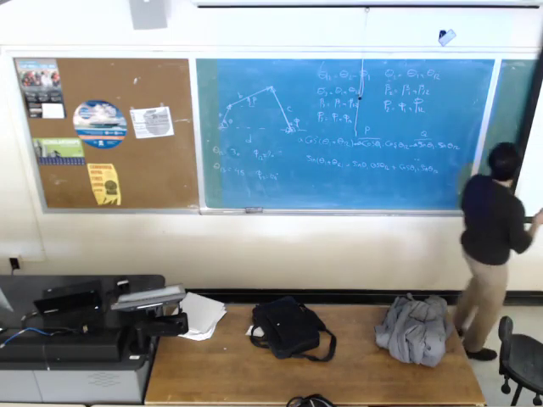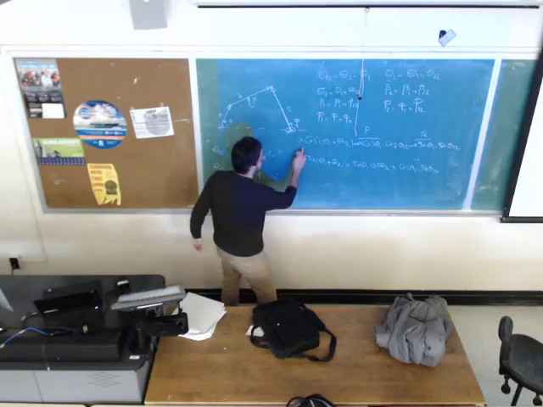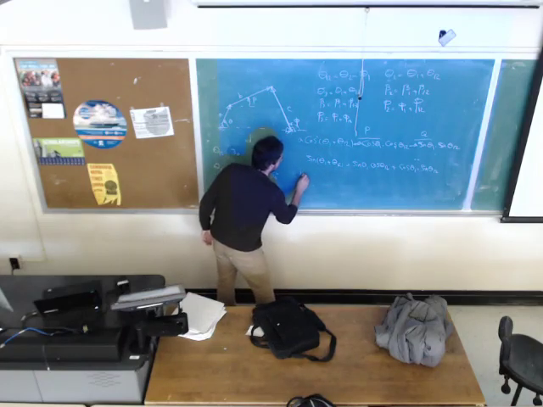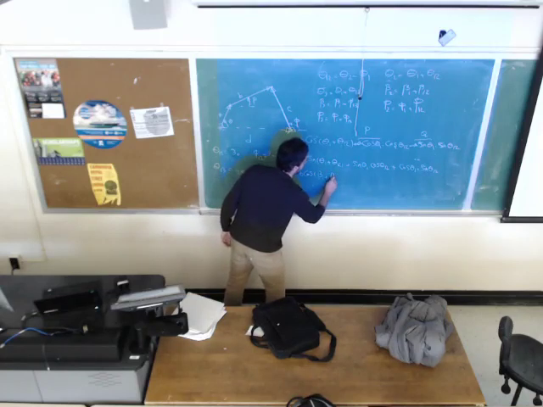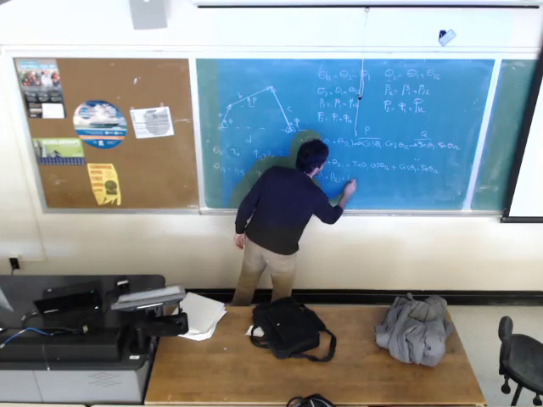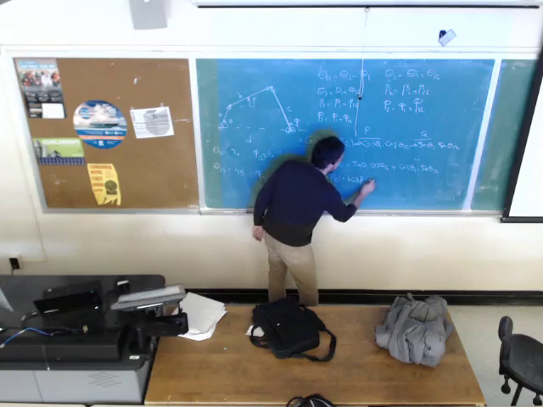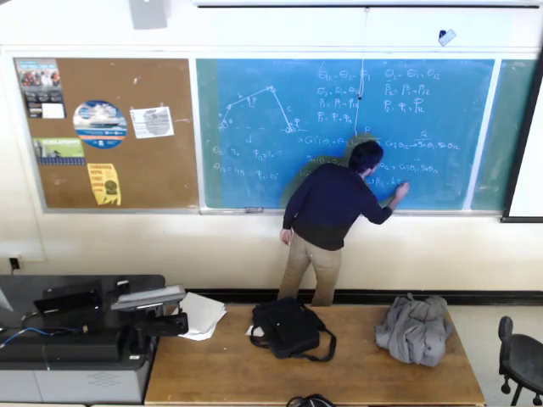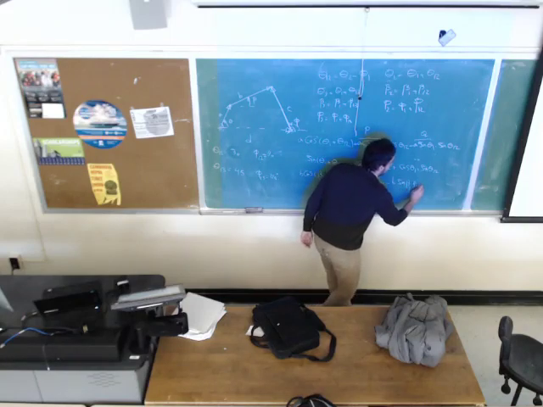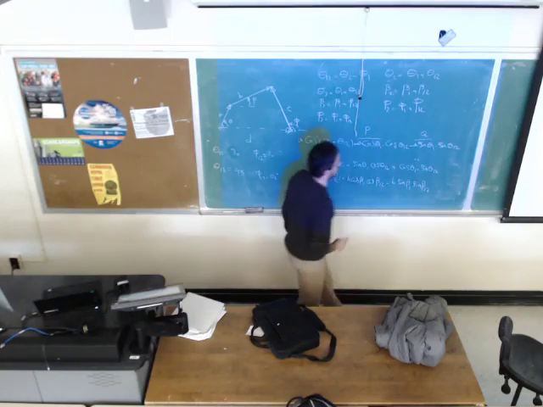For the second term, if I multiply, it's going to be B cosine of beta 1 plus beta 1, 2, which is B cosine of beta 1 cosine of beta 1, 2, minus B sine of beta 1 sine of beta 1, 2.